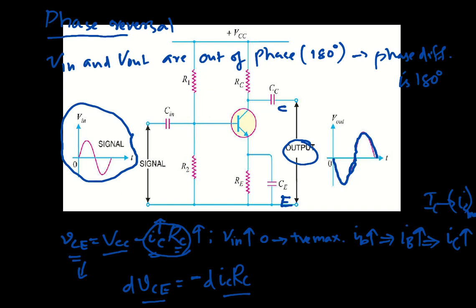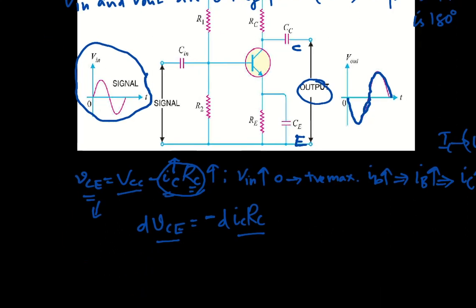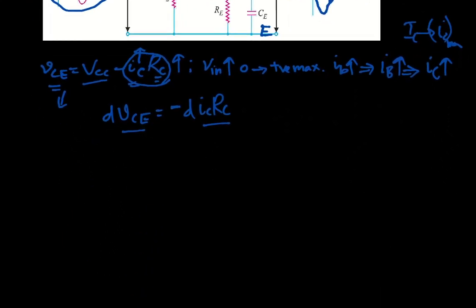And here one thing we have to remember is that if we consider the current, when the input voltage Vin increases in the positive sense, then the base current, that is the input current IB, also increases in the same way. That means there is no phase difference between the input voltage and the input current.